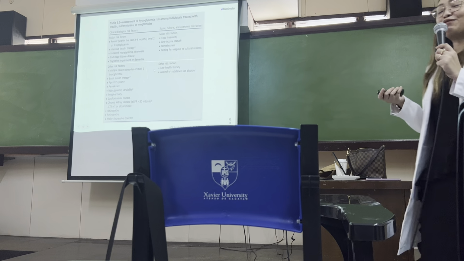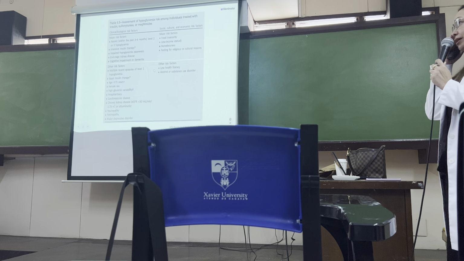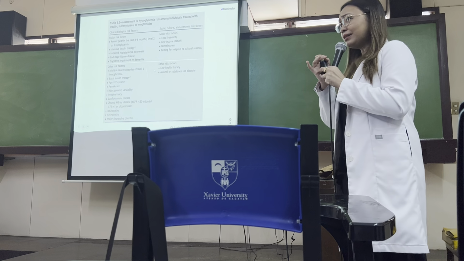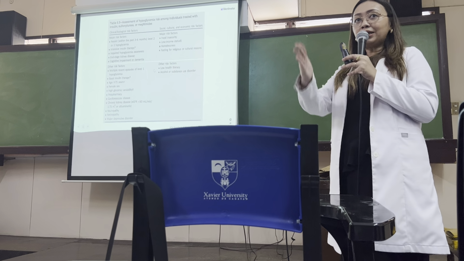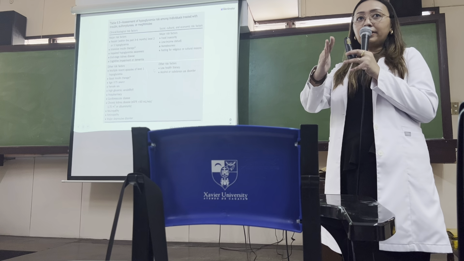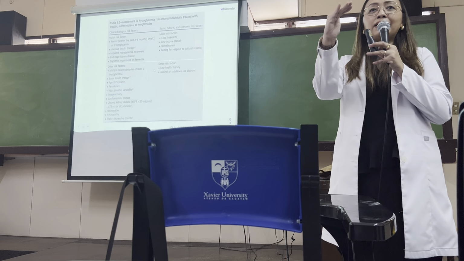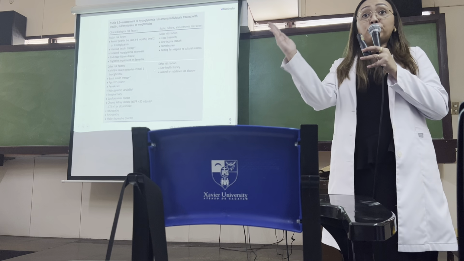You also have to have other risk factors, aside from having level 2 or level 3: intensive insulin therapy. Meaning to say, let's say, some patients will have basal insulin and then prandial insulin. So you say basal, mag-inject siya and that insulin will cover 24 hours.